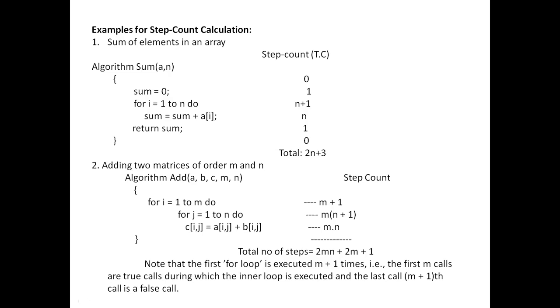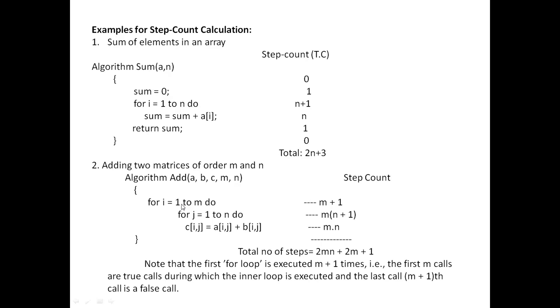Okay. Let's go to the next example: adding two matrices. Matrix A and matrix B, and the answer is stored in matrix C. m and n are the dimensions of the matrices. For i equal to 1 to m.